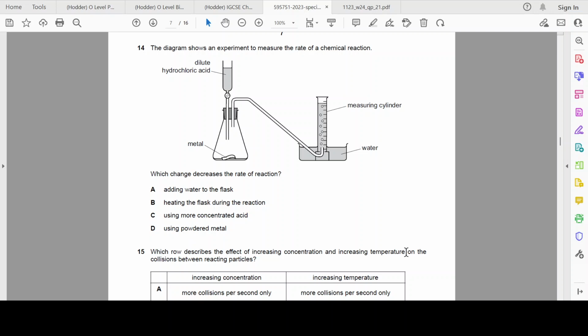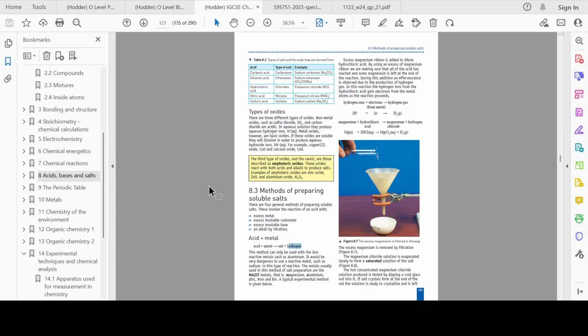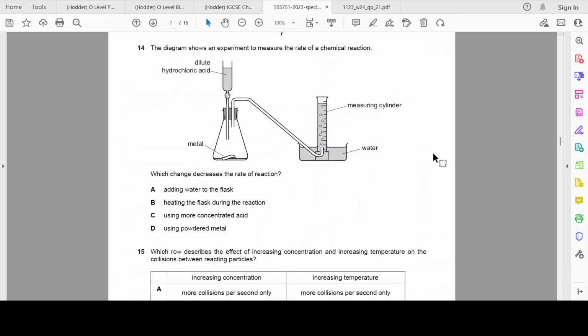Just a sec. Okay. So, Haram, remember when we were talking about, I forget exactly which chapter, the effect of surface area on the rate of reaction?